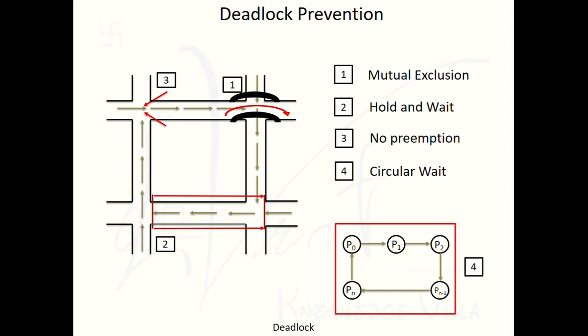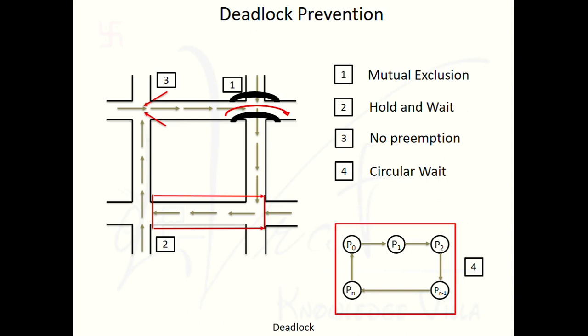As we have discussed in our earlier videos, there are 4 necessary conditions for deadlock to occur: mutual exclusion, hold and wait, no preemption and circular wait. If we are able to break any of these conditions, we can prevent the deadlock.